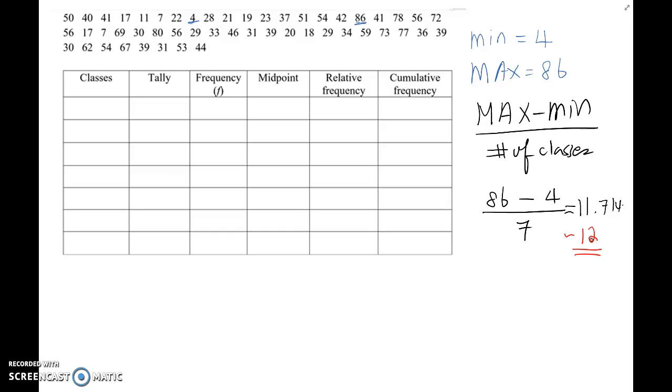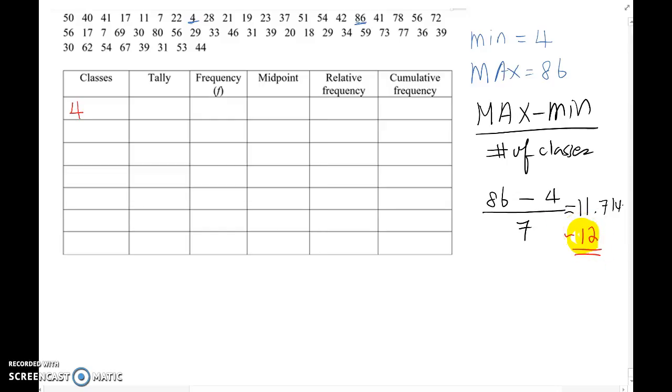Now, the second step, you start from the minimum value on the first class here, which is 4. Now, to determine the next class lower boundary value, you add this value, 12.